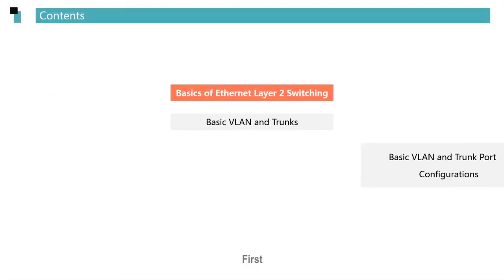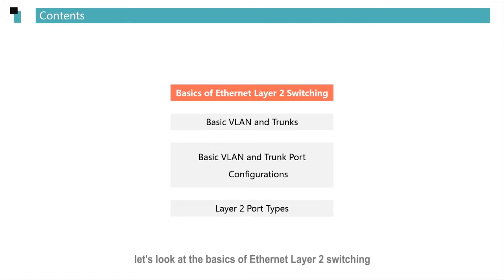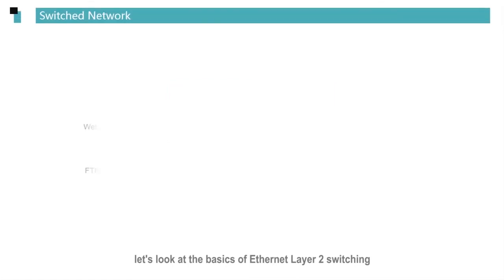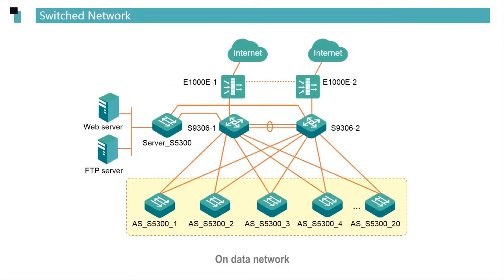First, let's look at the basics of Ethernet Layer 2 switching. On data networks, routing and switching are very important. A switched network is the largest system on a conventional campus network. The network consists of 3 layers. Access switches work at Layer 2 to provide access services for users.